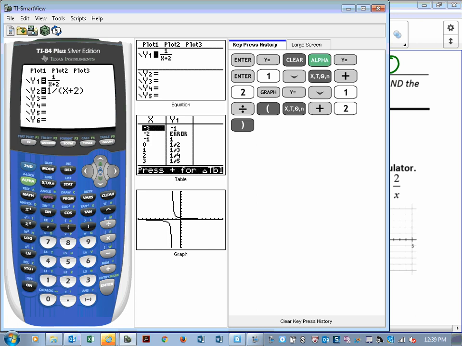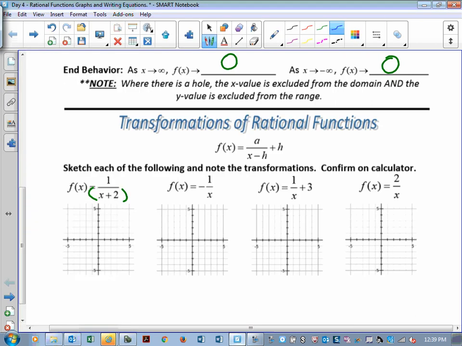All right, so back here we go. The first one here, what is our shift that we should have seen? Left 2. So instead of being here and here, I should go left 1, 2 over here and left 1, 2 over here. I also have to shift my asymptotes.